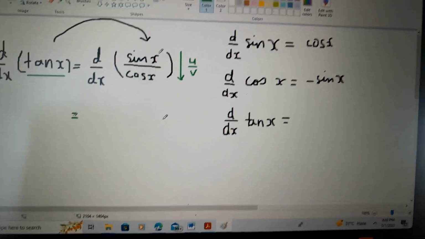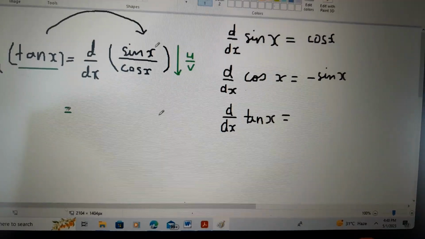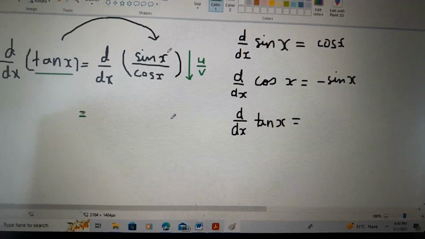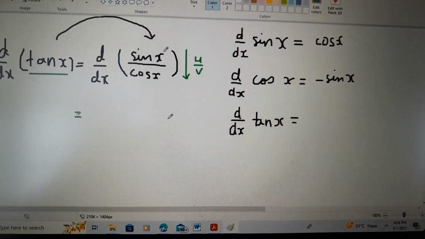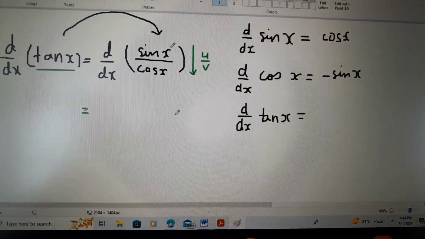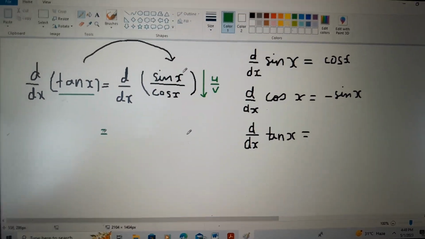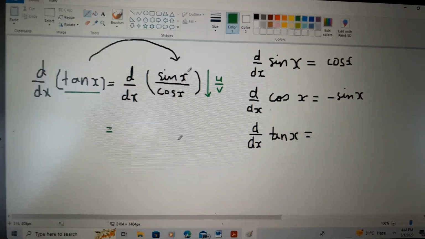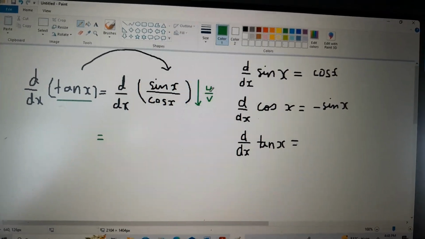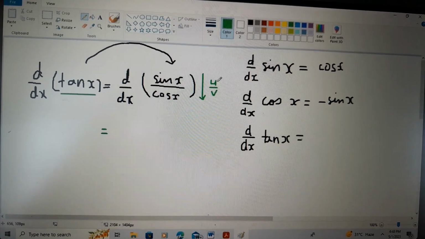So v multiplied by u prime, the derivative of u, minus u multiplied with v prime, the derivative of v, all divided by v squared. Great. So thank you very much, Dorish. For us to remember this, I always like to say differentiate the first.